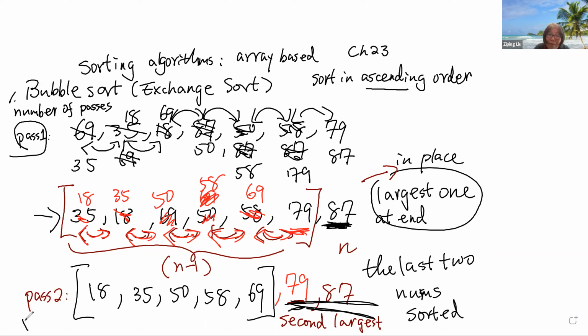Then in the next pass 3, you can keep doing this. So with this kind of pattern, after each pass, one of the largest numbers is going to be placed at its right place. So each pass, you shorten the sorting list by 1.